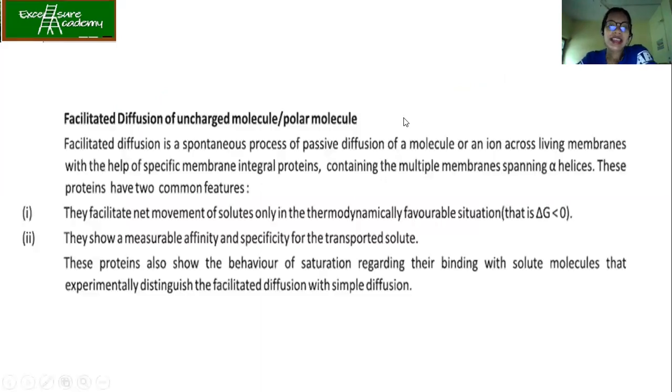Now, facilitated diffusion. Now, from here, please have very good concentration. Okay, it's very important now. Yes. So, facilitated diffusion of uncharged molecules or polar molecules. So just keep in mind, we are talking here about the uncharged and the polar molecules.